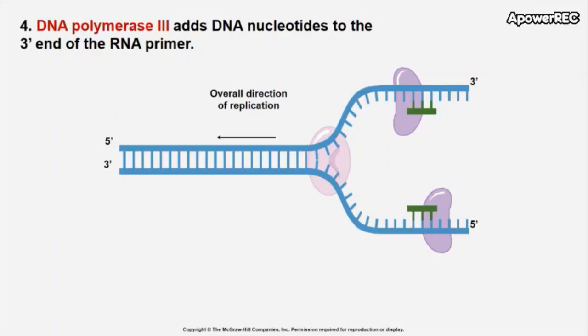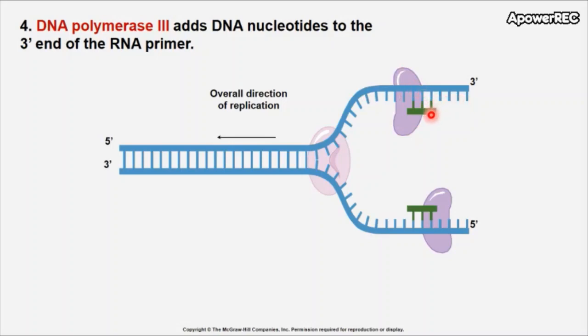DNA polymerase 3 is capable of polymerizing, but there's a problem in that it cannot do a cold start. It actually needs the presence of these primers in order to begin the process. And so DNA polymerase 3 is looking for these primers in order to bind to the DNA.